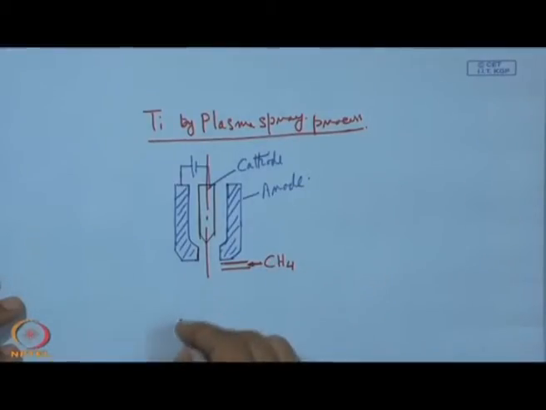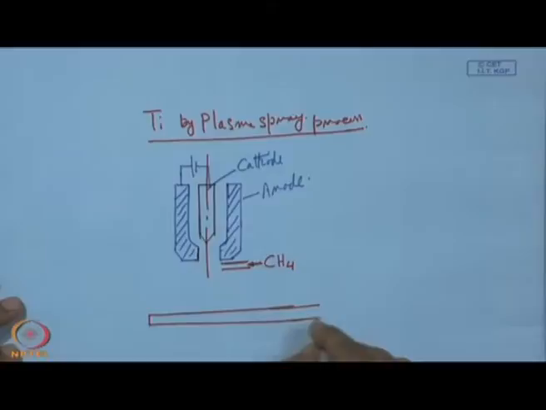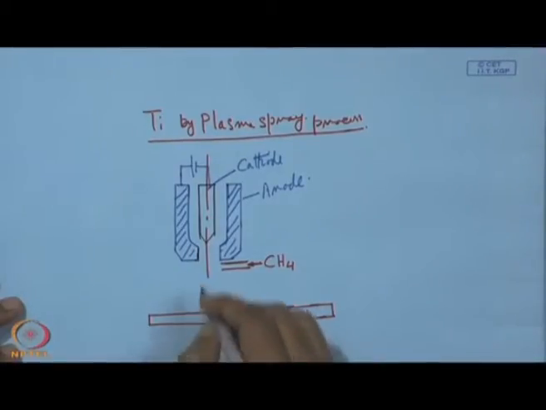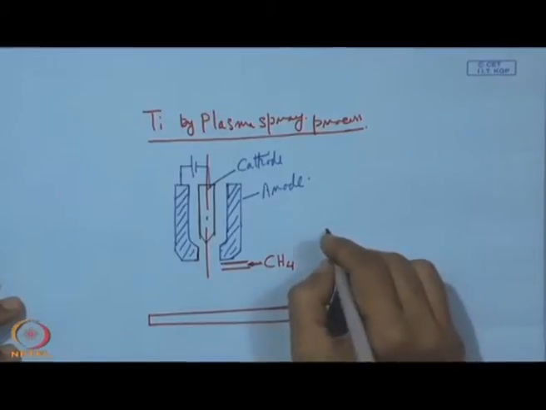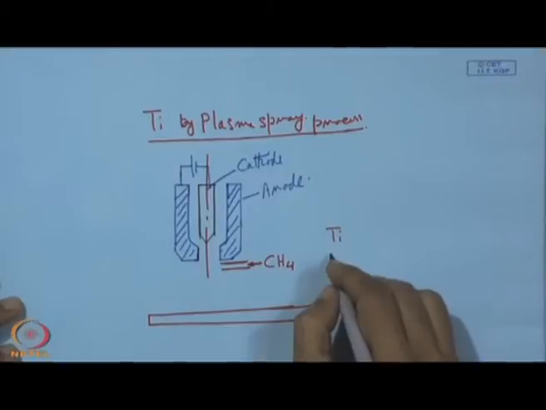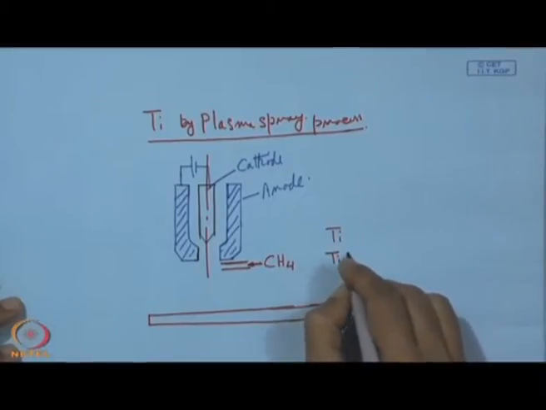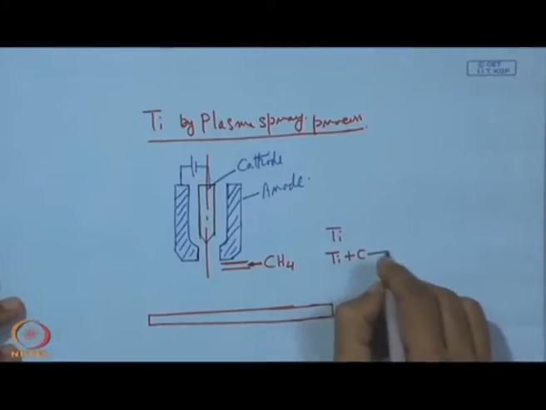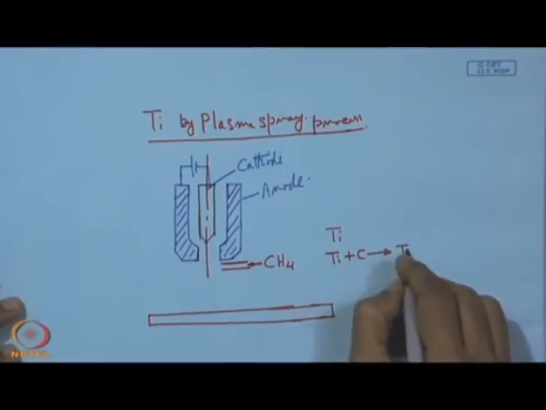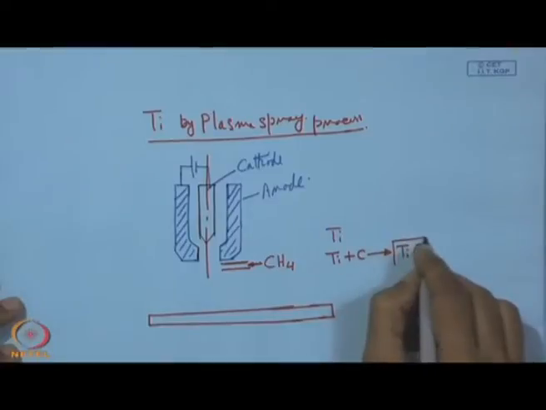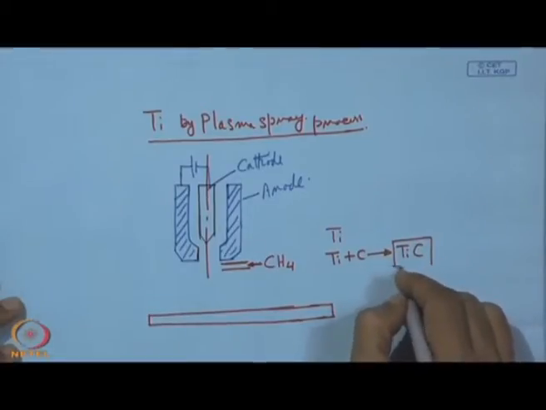Finally, on this substrate we have titanium, and at the same time, because of this reaction with CH4, we have titanium and carbon, and that gives titanium carbide.